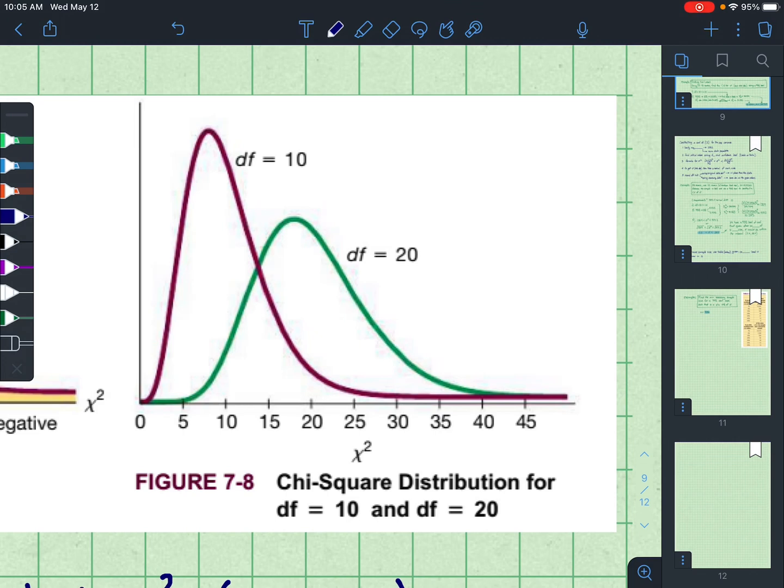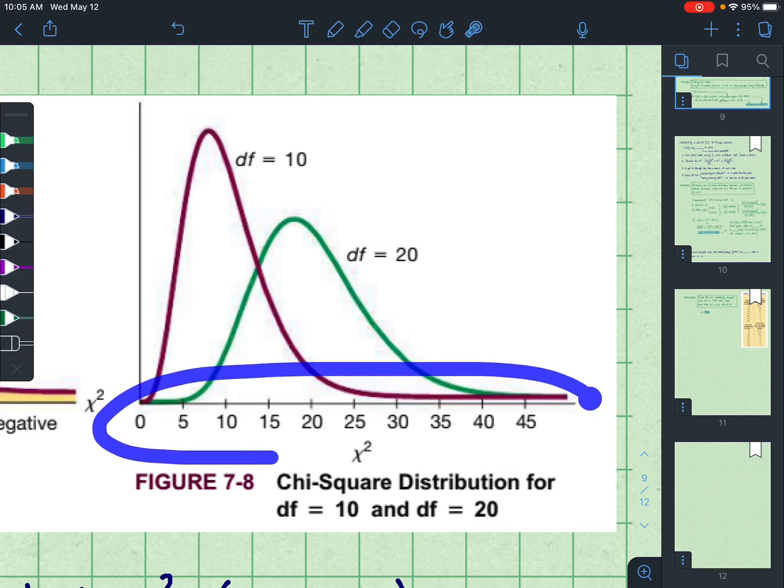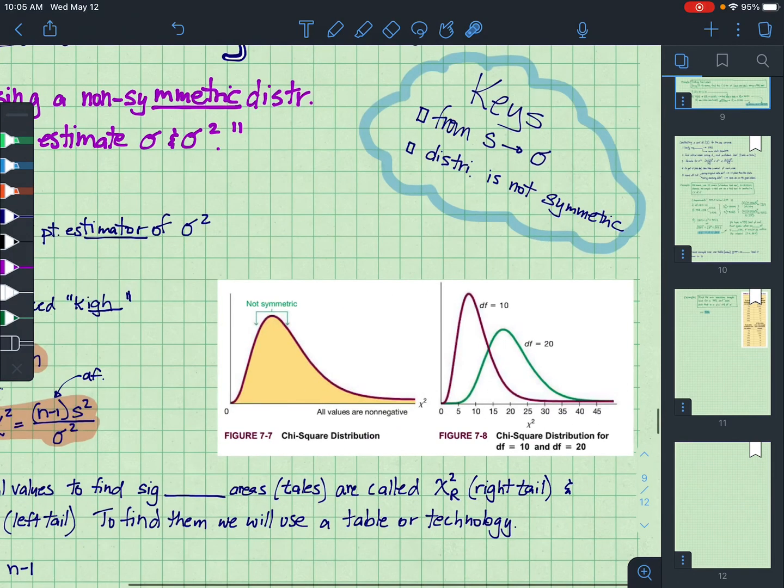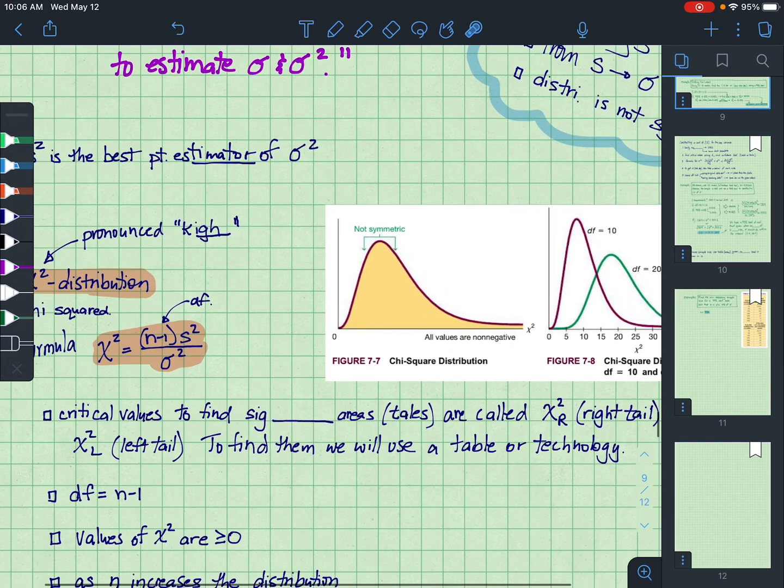One other thing to note is we have all non-negative values. So notice 0, which used to be in the middle, is sitting off to the left side. So chi-squared is always positive or 0. Important note. All right.